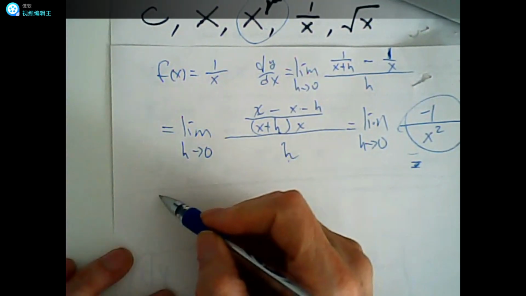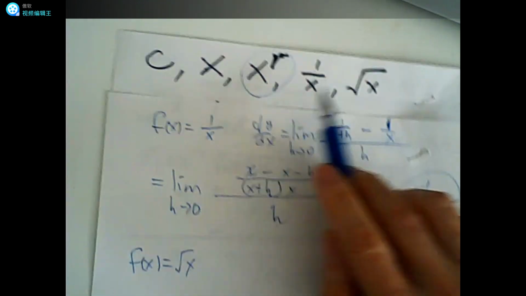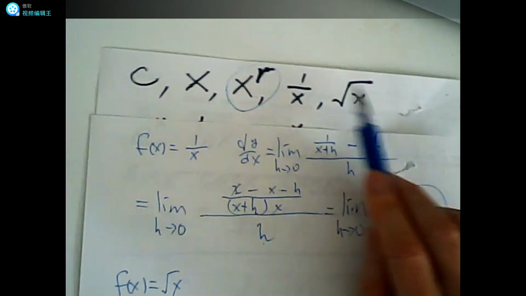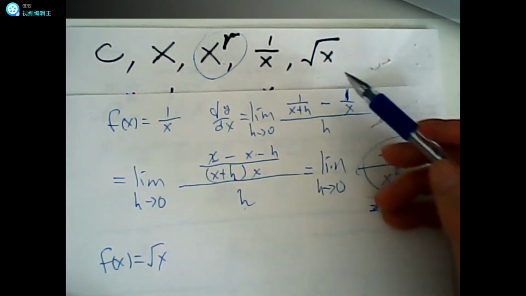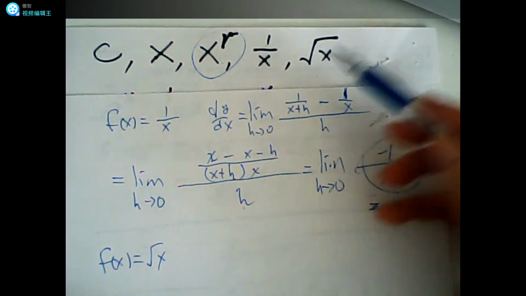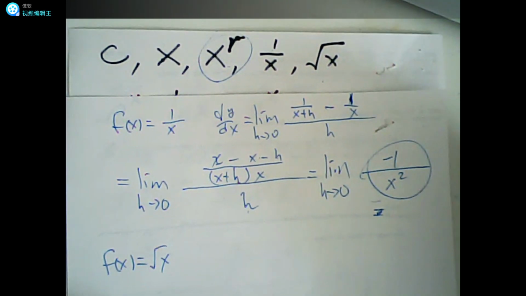Now and then also f of x equal to root x. Okay, you can use the formula to find this, but this is a frequently used function. I consider it a separate useful function.